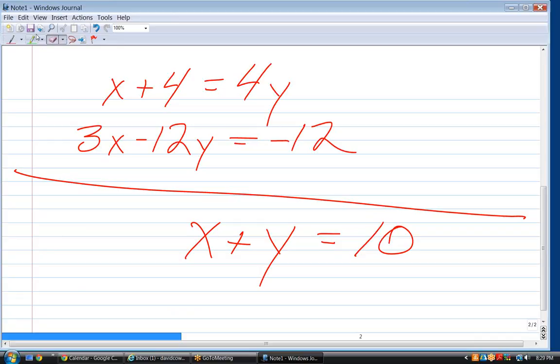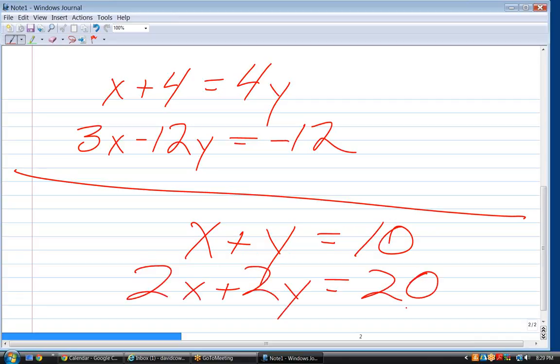Now, if I add a second equation that is exactly the same as the first, in other words, if I just double it, I have not added any information. So just because I now have two equations does not mean I can solve it. I still have infinitely many different values for x and y that will work.